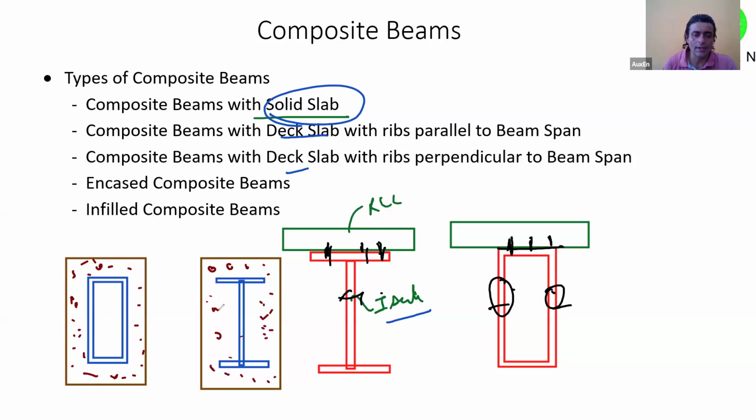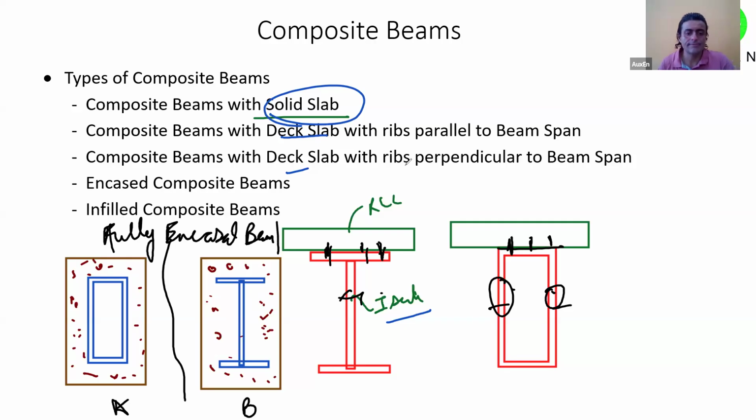That means outside is concrete and I am putting a structural steel shape inside. So amongst this A and B, which of them would you prefer? Fully encased beam. Yes, please. Siddhakala is saying I section will have more concrete. So we can see it will have more concrete.